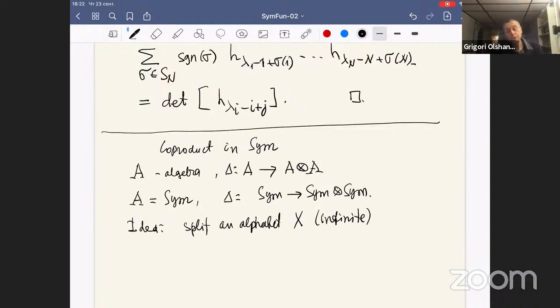We need an infinite alphabet in order to deal with, say, Schur symmetric functions of arbitrary size, indexed by a partition of arbitrary size, and split it into two infinite parts.